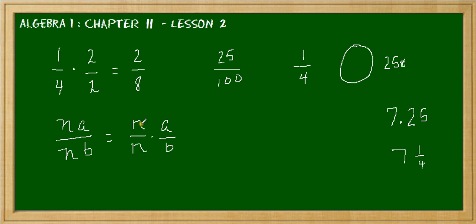This is the same thing, and we know that n over n is equal to 1, okay? Therefore, we could say this is 1 times a over b, and then we simply wouldn't use the 1, we would just say a over b.